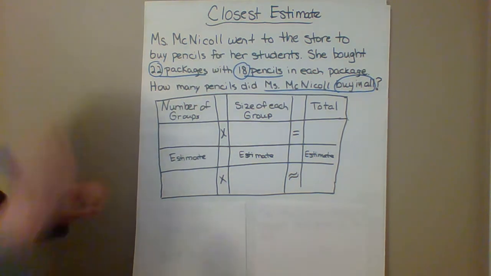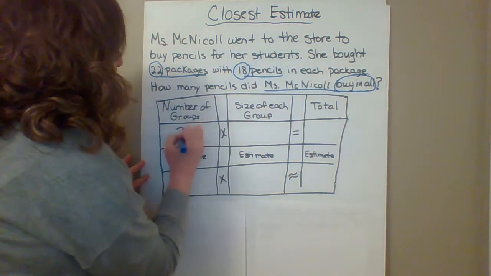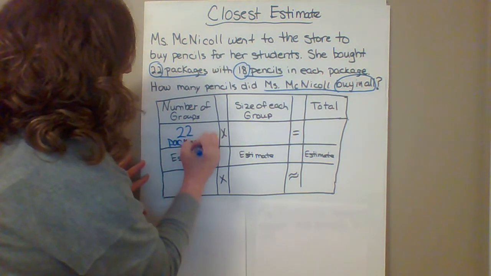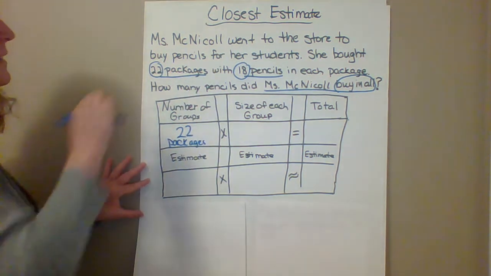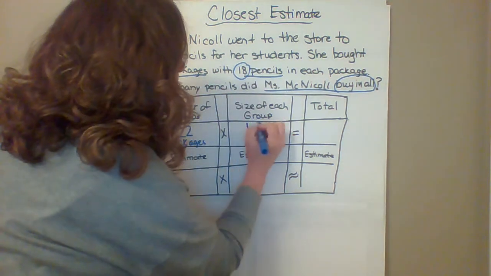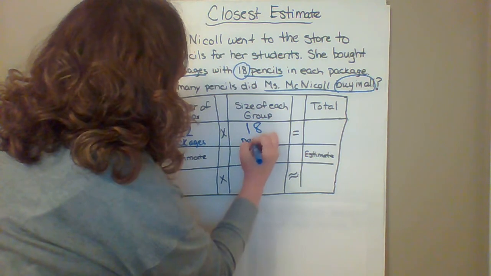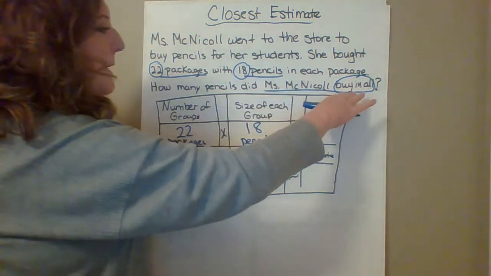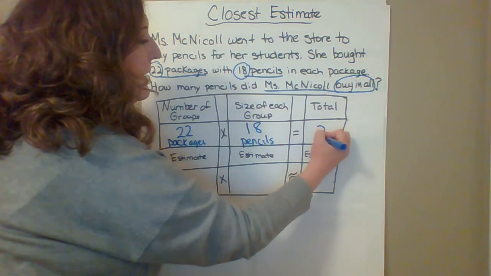All right, if you said 22, those are the packages, and 22 packages, the size of each package is 18, and those are 18 pencils. And what we're trying to solve for is how many pencils in all. So that's our unknown for right now.